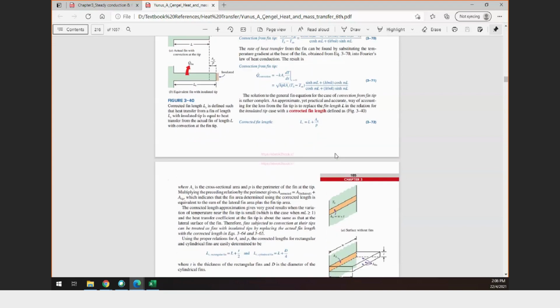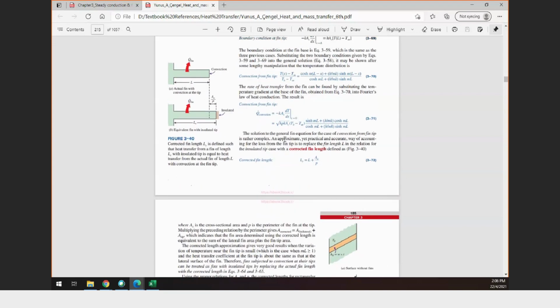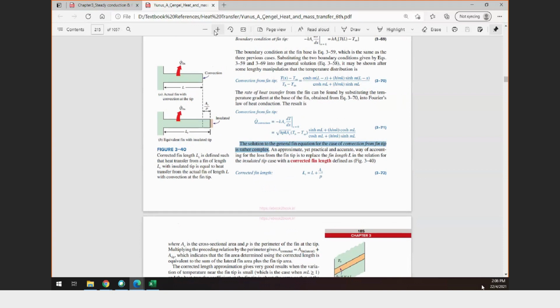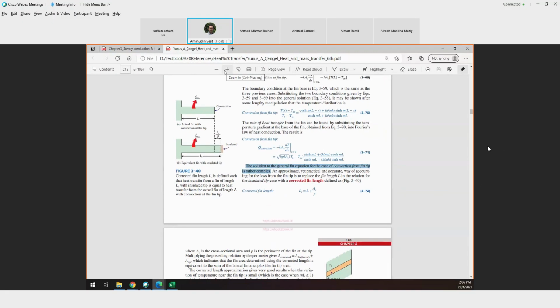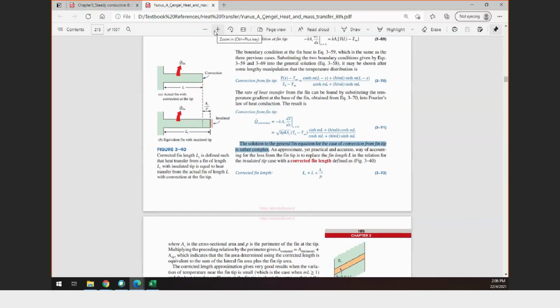paragraph, the solution of the general fin equation for the case of convection from the fin tip, because this is the closest one that replicates the real condition. So we need to use a more simple equation, and practical as well.